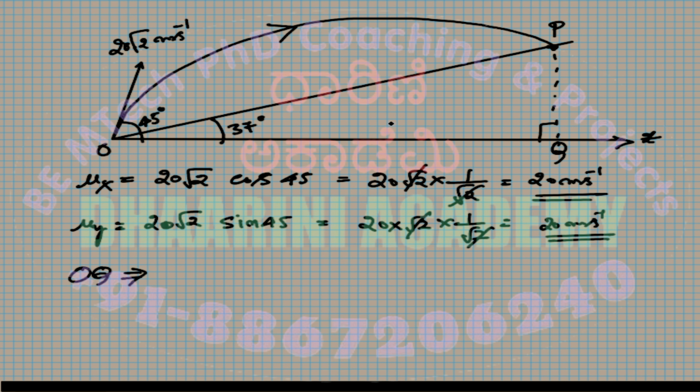So OQ is equal to ux into time t. Ux is 20, so 20t is the distance OQ.